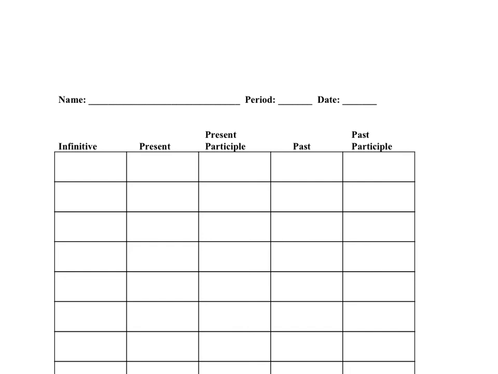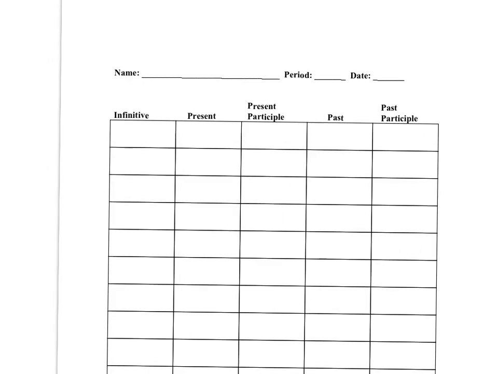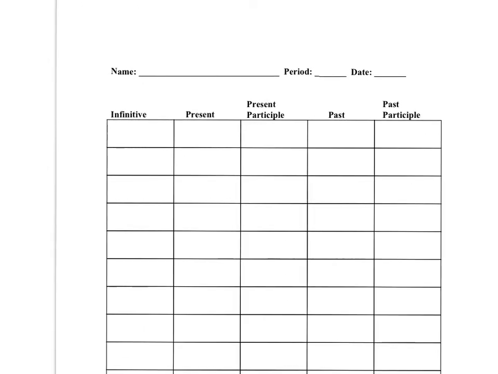Now, return to this form. You should have it open in Notability. With your partner, and without looking in your book, see if you can give the proper parts of verbs. The first one is to eat.